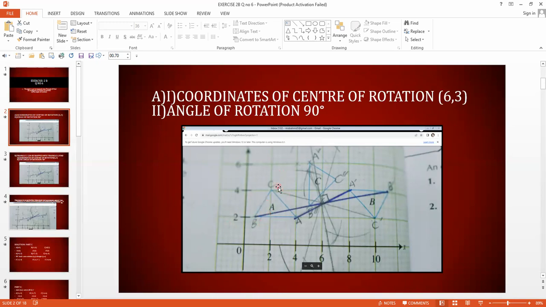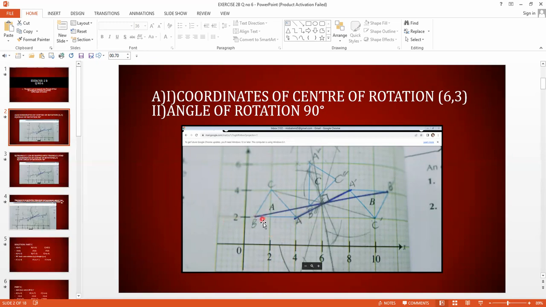Clear? Now we come to this vertex C. For x-axis it is 2 and for y-axis it is 4. Clear? So we have obtained a triangle which has 3 vertices A, B and C. A lies on 4 and 2, B on 1 and 2 and C on 2 and 4.